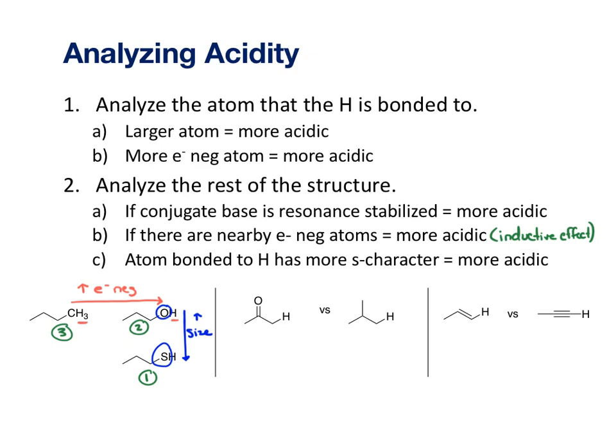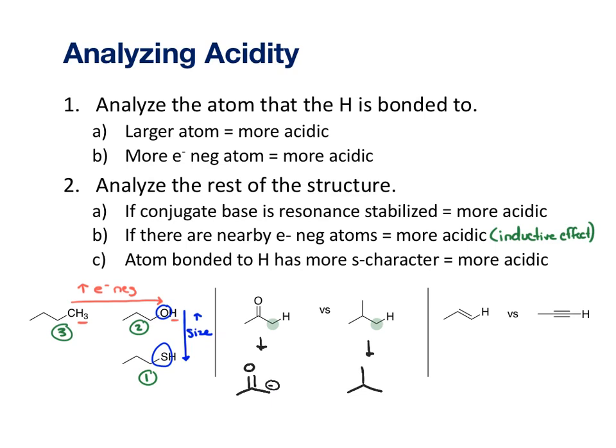In this next comparison, we're looking at a proton that's on a carbon in both cases. So in both cases, we have a carbon and a carbon. So now we need to look at a more remote effect, and in this case it helps to draw the conjugate base. So if you lose the hydrogen, or lose the proton H+, you have the conjugate base with a negative charge.